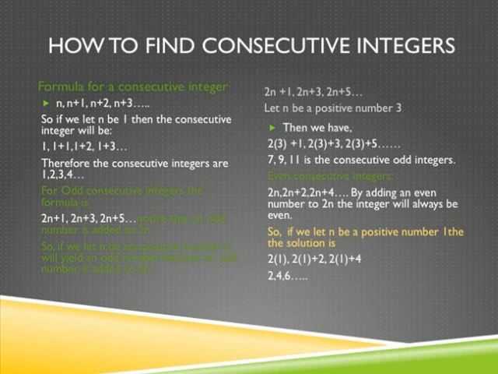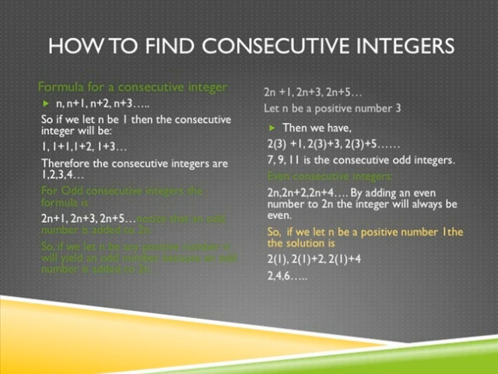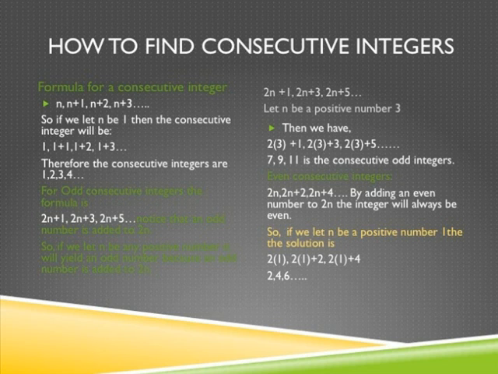For odd integers, the formula is 2n plus 1 for the first number, 2n plus 3 for the second number, and 2n plus 5 for the third, and so on and so forth. Notice that an odd number is added to 2n. So if we let n be a positive number, it will yield an odd number because an odd number is added to 2n: 2n plus 1, 2n plus 3, and 2n plus 5.